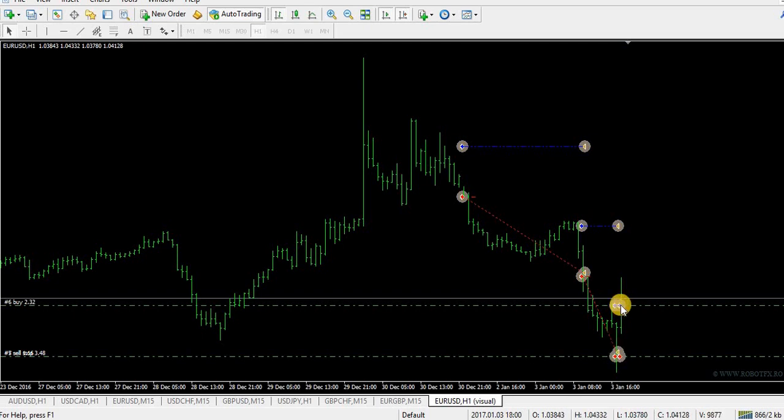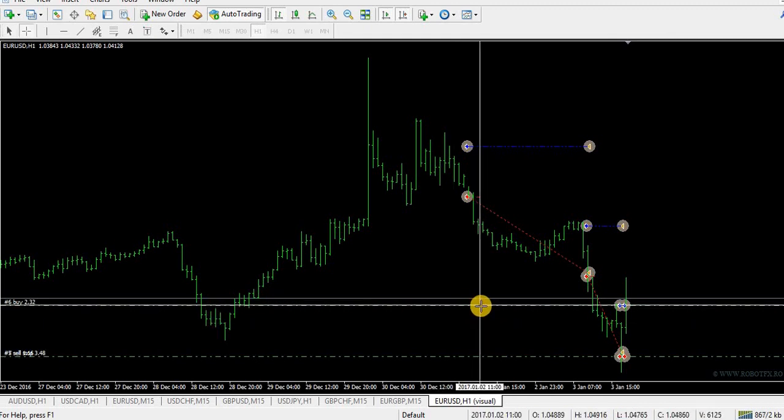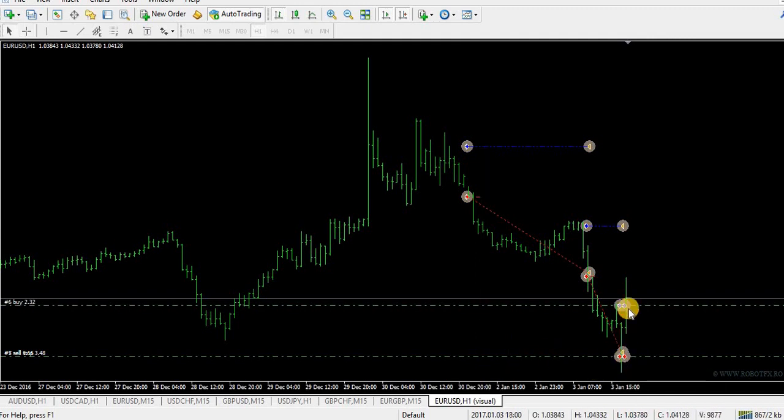The expert advisor placed a pending buy, double the size with our settings, and price went up. And the expert advisor placed another sell stop, another pending order at the same sell level as the first trade, of course. So now we have one sell, one buy, and one pending sell.